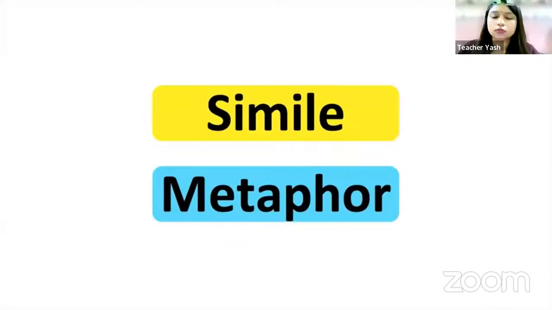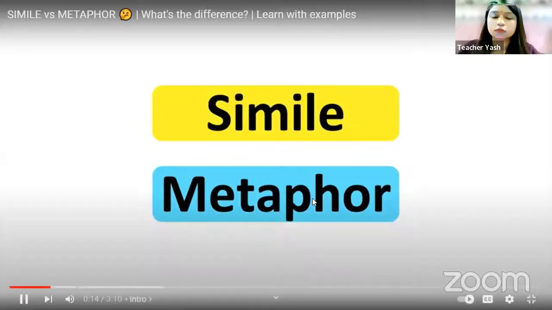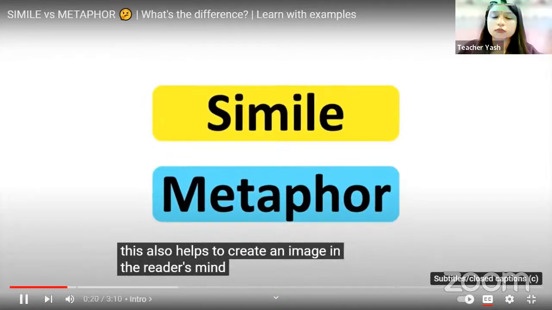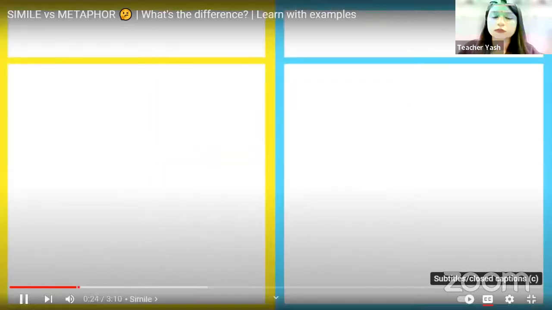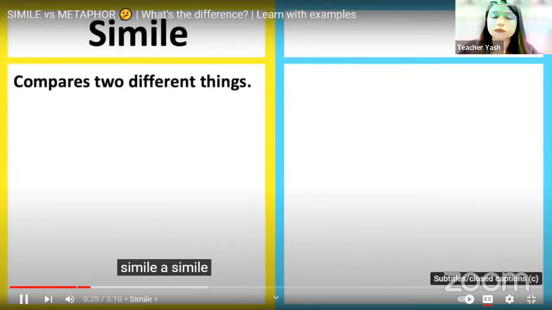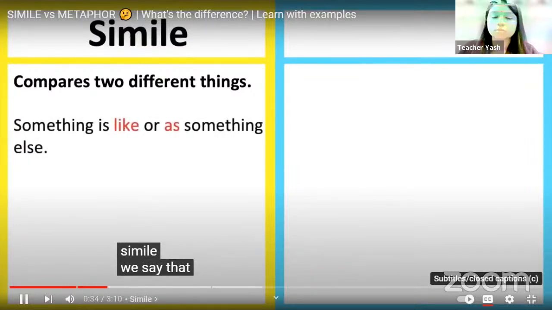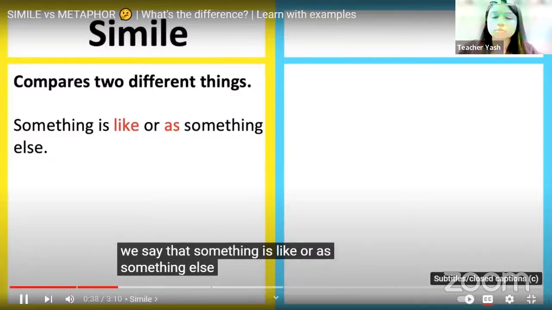Both similes and metaphors are language techniques used to make writing more interesting. This also helps to create an image in the reader's mind. Simile. A simile compares two different things. When we use a simile, we say that something is like or as something else.